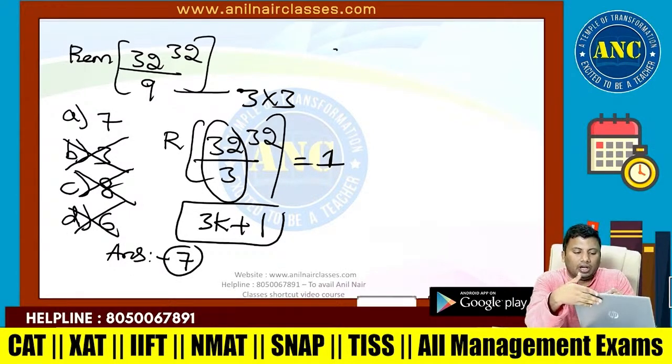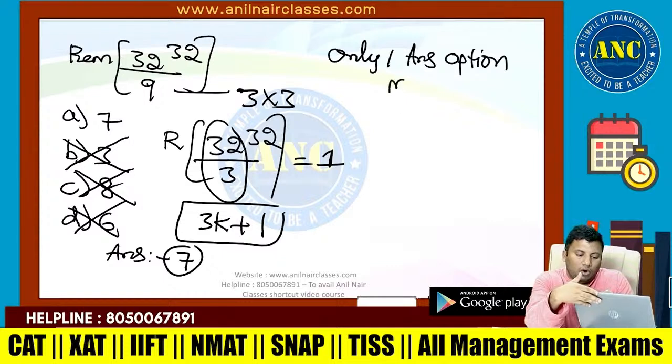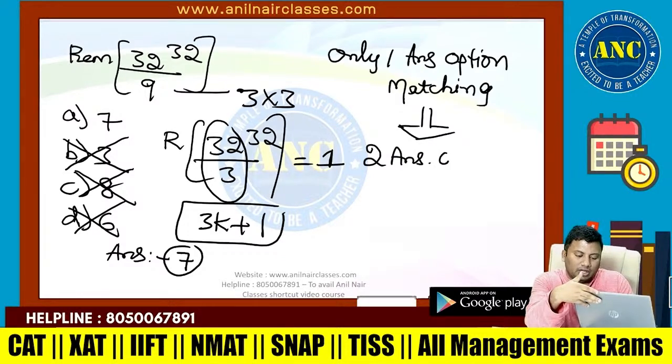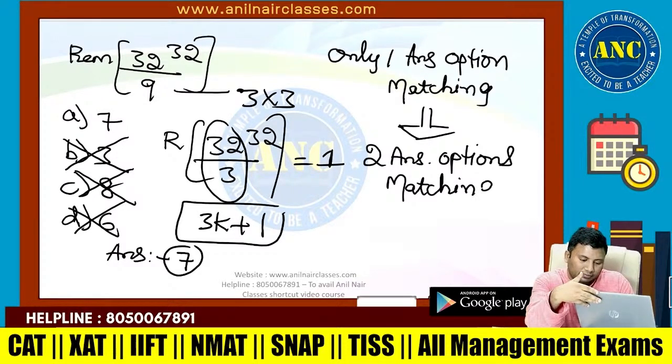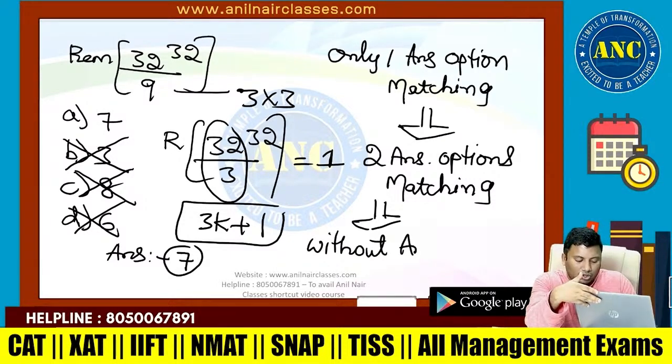First step is only one answer option is matching. Second step is two answer options are matching. Third one is without answer options. I will explain 3 methods so that you will not get a single doubt.